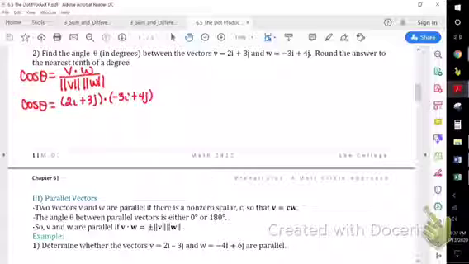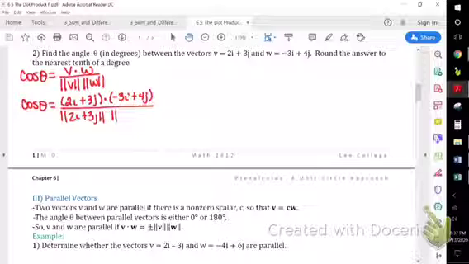Okay, and we're going to put this over the magnitude of vector v, which remember vector v is just 2i plus 3j, times the magnitude of vector w, which is negative 3i plus 4j.